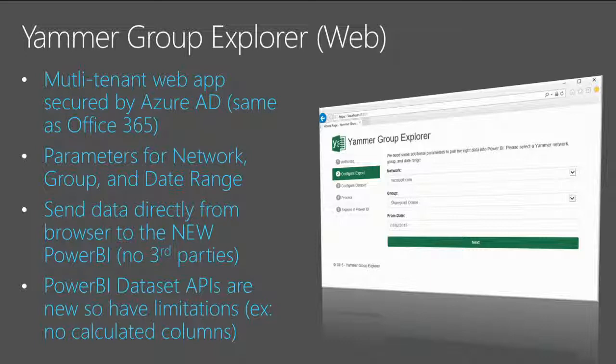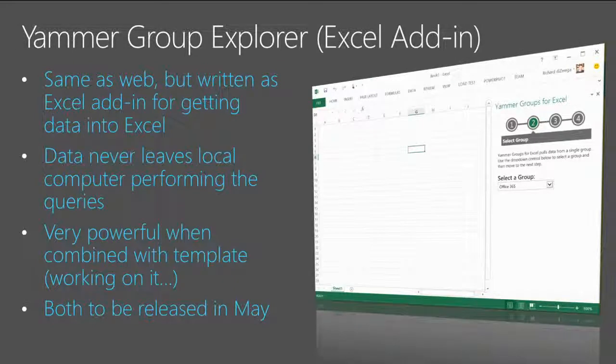Now, because it is somewhat limited, another thing that I've done is the exact same application, but as a task pane app. So the second thing we'll look at is what I call Yammer Group Explorer, but it's the Excel add-in version. This is basically a task pane that walks you through the same process.